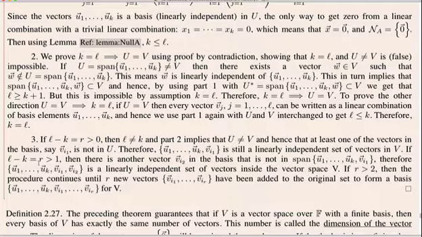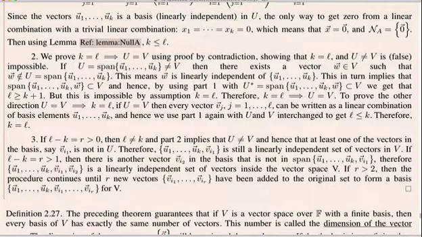Then if this r, L minus k equals r, is larger than 1, then there must be another vector vi2 in the V basis that is not in the previous span. And then we can add this to the set and still have a linearly independent set inside the vector space V. So if r is larger than 2, then we can continue this process, but clearly we cannot continue more than r.